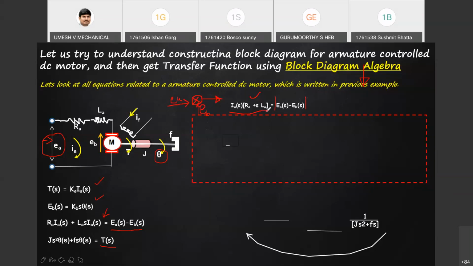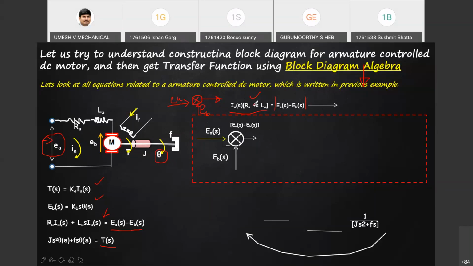So we can show the comparator with EA of S and EB of S, giving you EA minus EB of S, which equals IA of S into this term.